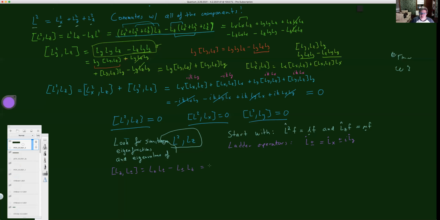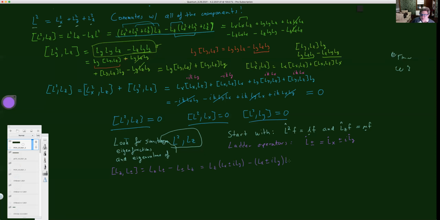Let's write out our L plus-minus. So Lz times Lx plus-minus i Ly, and then minus Lx plus-minus i Ly times Lz. I'm leaving the hats off because there's too much to keep track of.